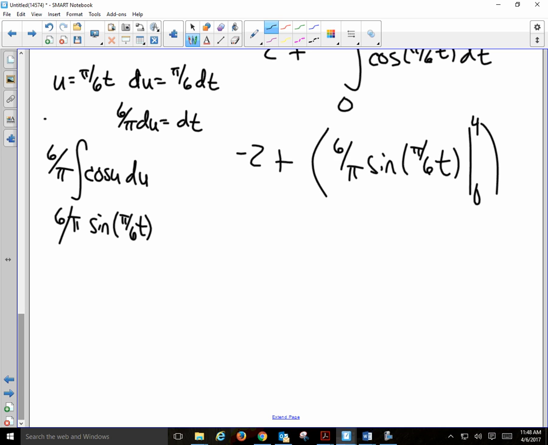So I got a sine of 0, 0. But if I plug in 4, that's 2 pi over 3. Do you already know the sine of 2 pi over 3? Yeah, it was root of 3 over 2. So you have -2 plus 6 over pi times the root of 3 over 2. Now, if you leave it like that, they will give you full credit. If you simplify it, -2 plus 3 roots of 3 over pi, they'll also give you full credit.